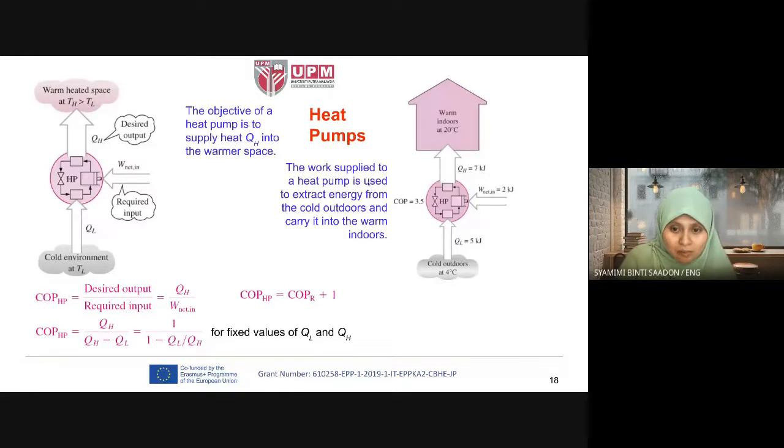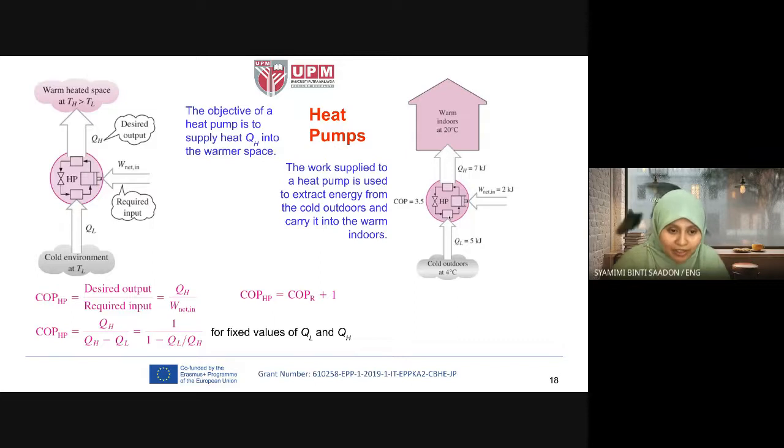So the work supplied to a heat pump is used to extract energy from the cold outdoors and carry it into the warm indoors. So we extract energy from the cold outdoor environment. Imagine this is a heater. We extract the energy from the cold outdoor, for example at 4 degrees Celsius outdoor in winter.